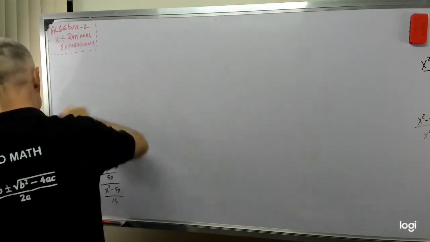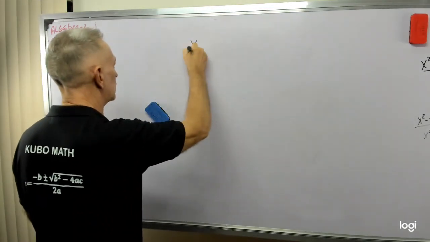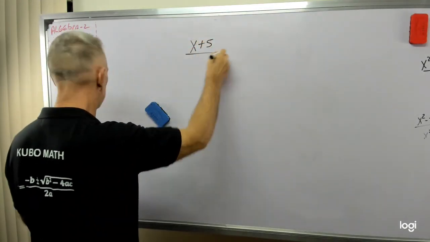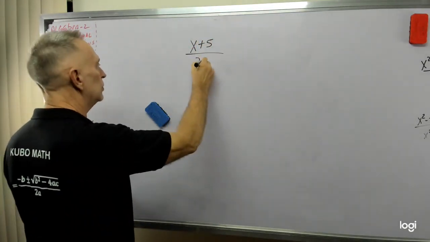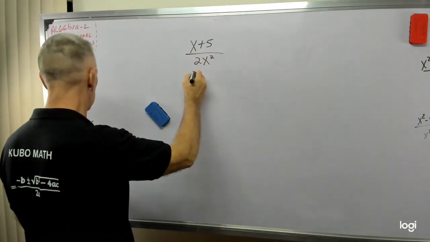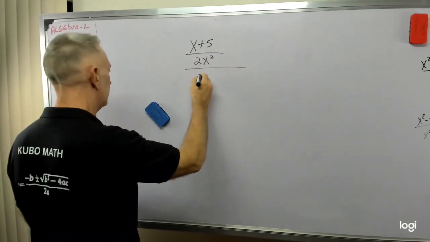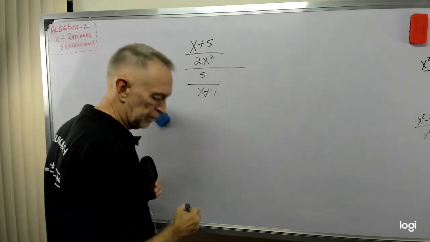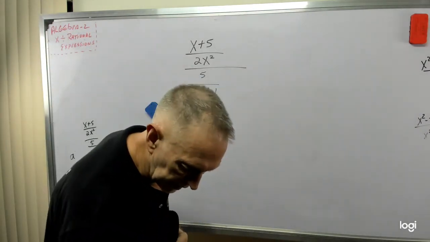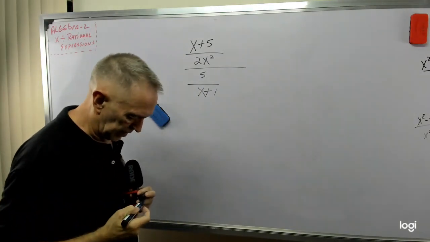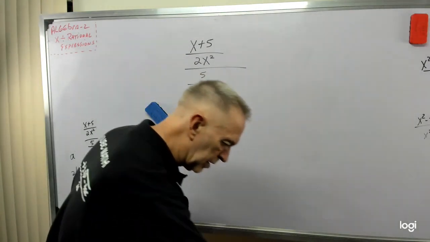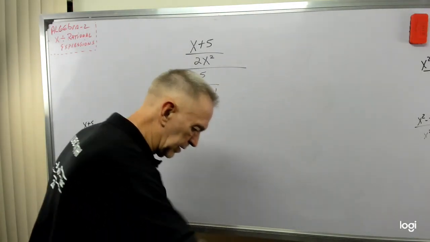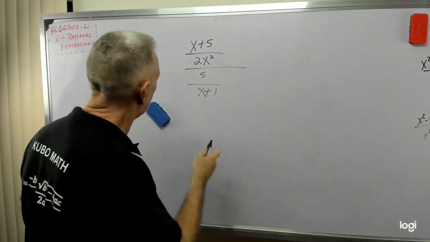We have (x plus 5) over 2x to the second power, divided by 5 over (x plus 1). I think that marker's about to give out. Hopefully this one's better.